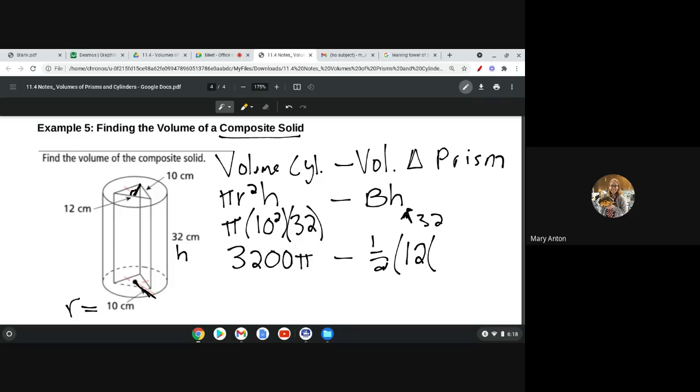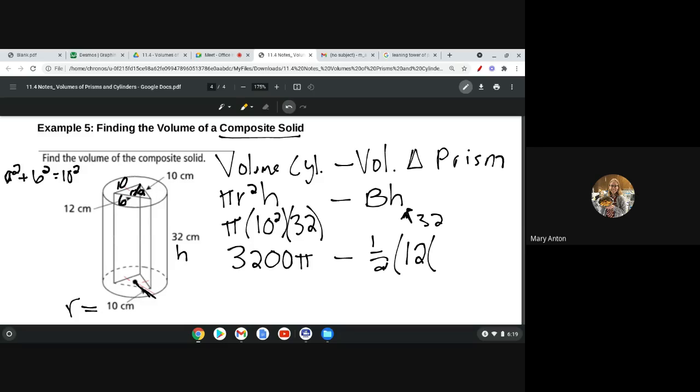Well, okay. This side is 10. And if we cut that altitude, that means this side of the triangle will be half of 12, which is 6. We can use Pythagorean theorem to find that altitude. I'm going to call it A. Okay, so Pythagorean theorem says that a squared plus 6 squared equals 10 squared.